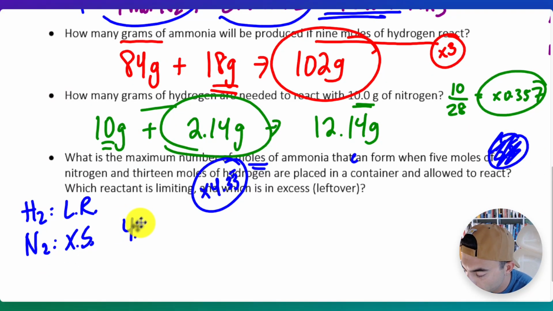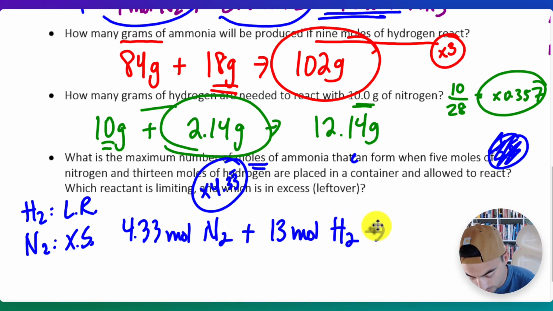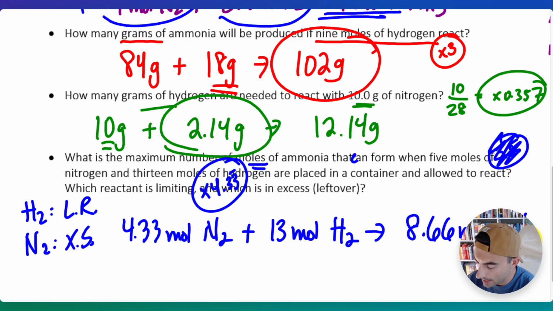So 4.33 moles of nitrogen must react with 13 moles of hydrogen to produce 8.66 moles of ammonia. So my limiting reactant we answered already is hydrogen. Nitrogen was in excess.